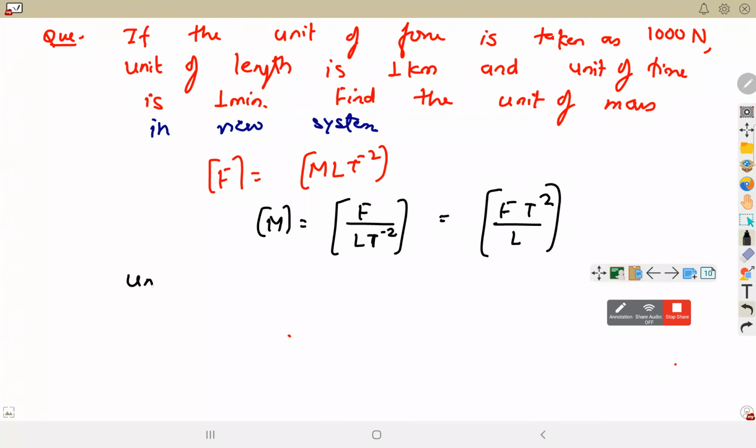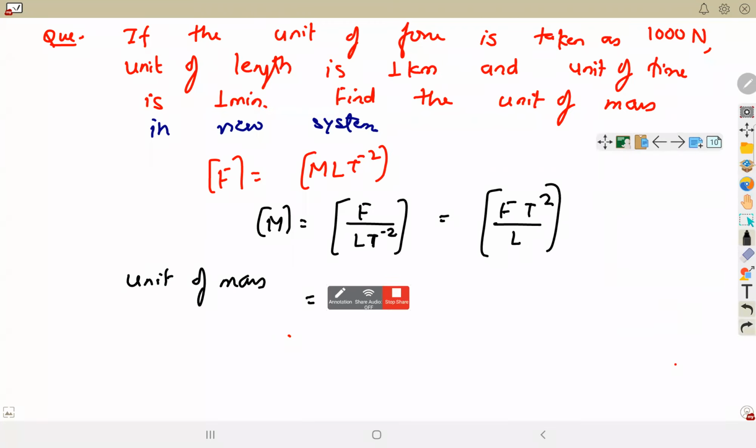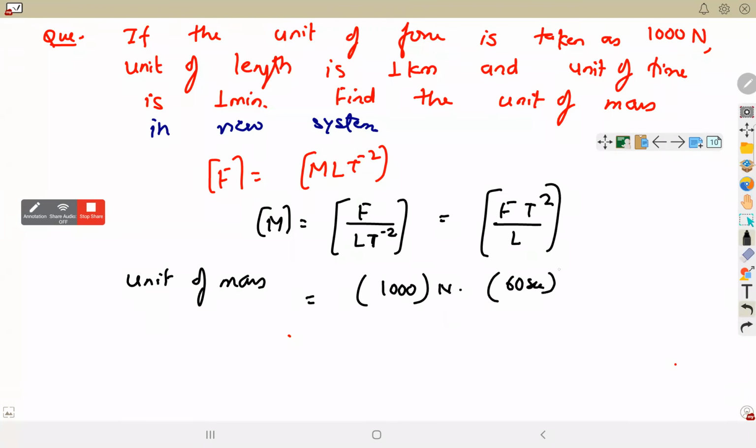So now we can get the unit of mass from here, because that's how we figure out units. Unit of mass will be unit of force, that is 1000 Newton. Unit of time is 1 minute, that is 60 seconds.